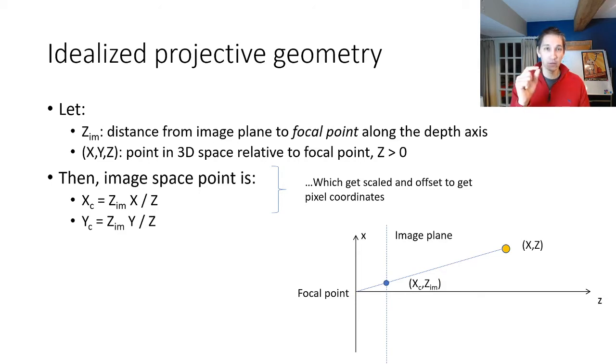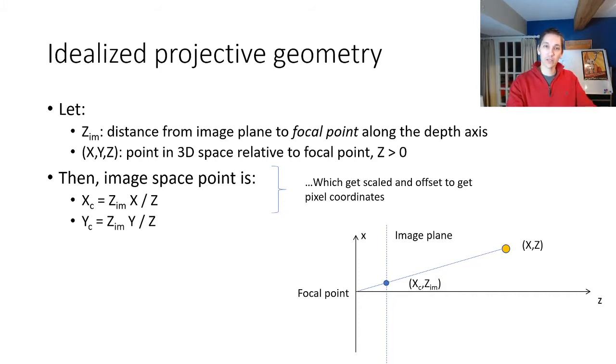Through the rule of similar triangles, the image space point xc, given as a coordinate on the image plane in real units, is going to be the distance from the image plane to the focal point times the x-coordinate divided by z. That gives you one coordinate, and there's a similar transform in the y dimension.